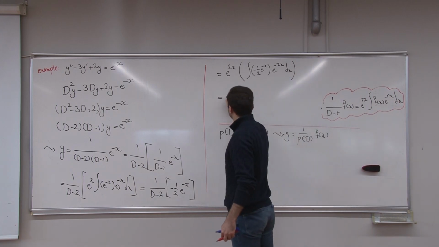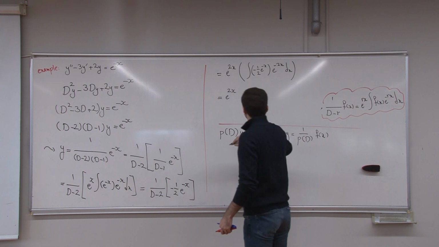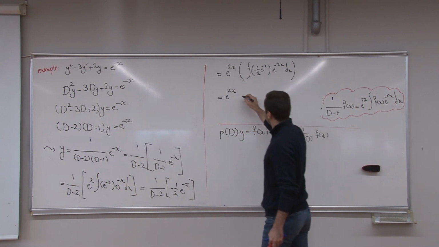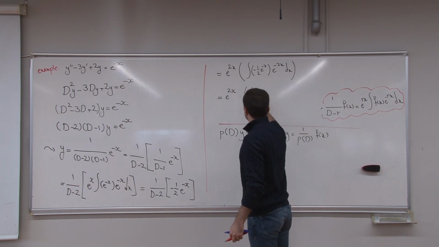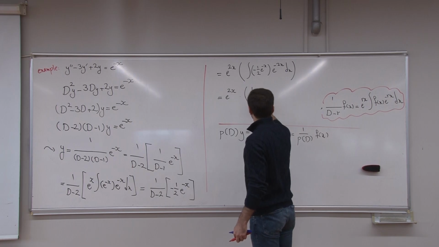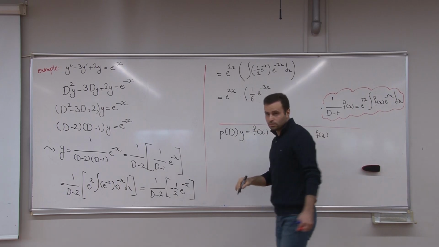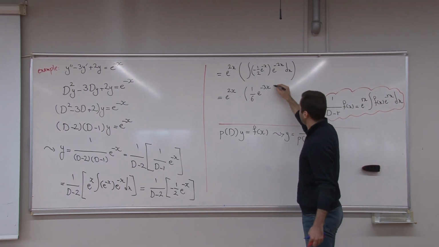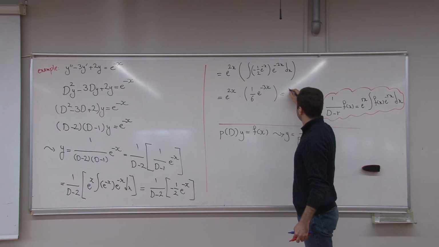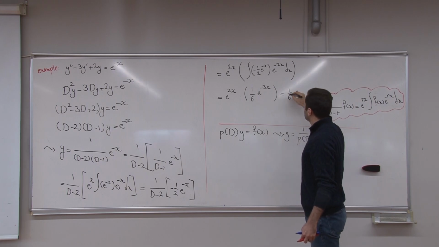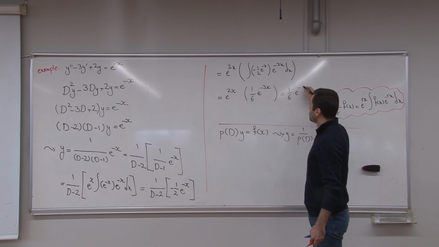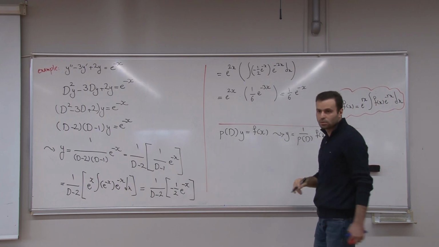And what is this going to be equal to? I think this is going to be, right, equal to 1 over 6 e to the power of minus x.